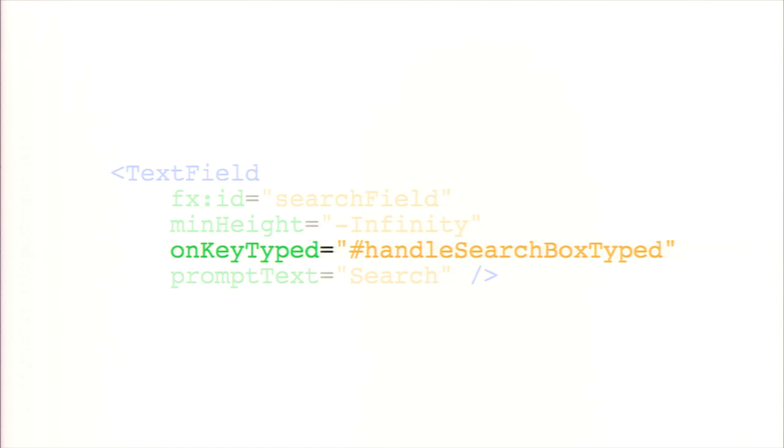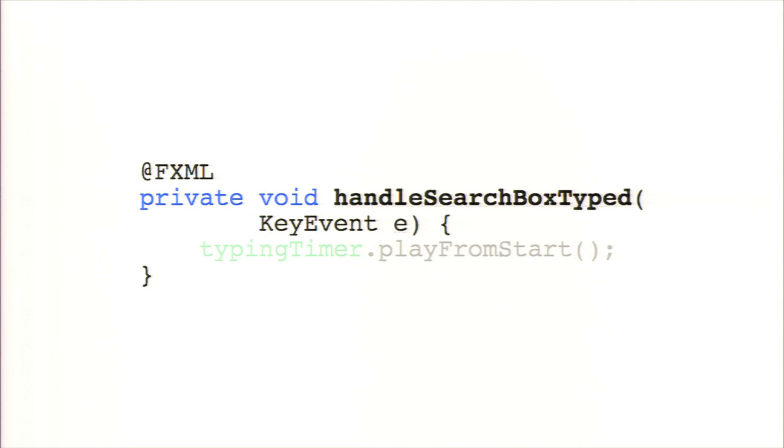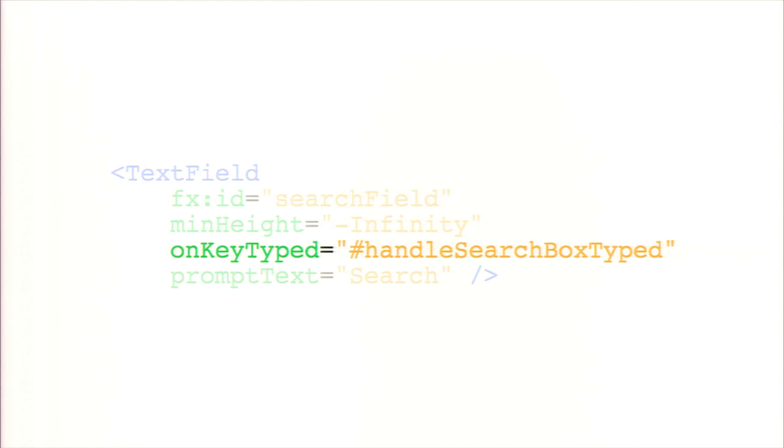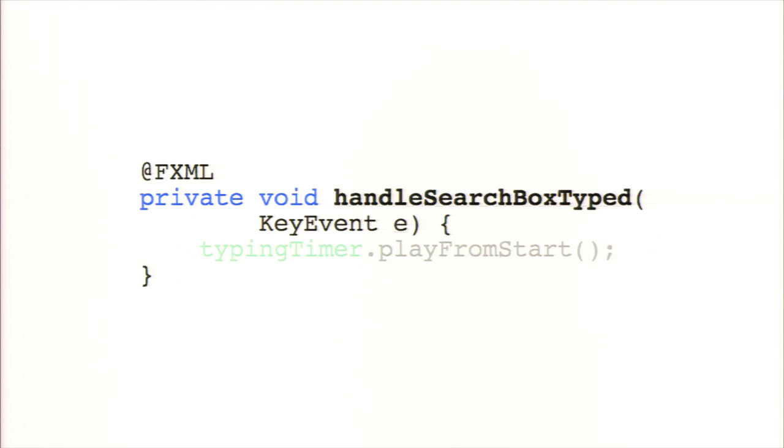That's how the event is called. In the Java code, you just have a method with exactly the same name, and you add the @FXML annotation, and that's it. Now every time the user types something in the text field, this method will be called. I think you can see it. I blended it out a little bit, but here I'm just starting the timer from scratch.